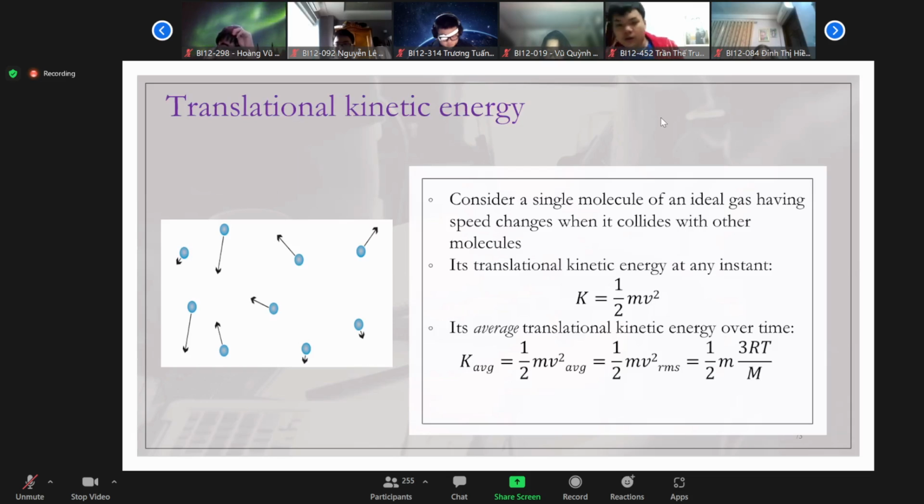We just replace it with the average speed squared. This is actually the root mean square speed squared once again. Good. And because we know the expression of the root mean square speed, we rewrite it here.